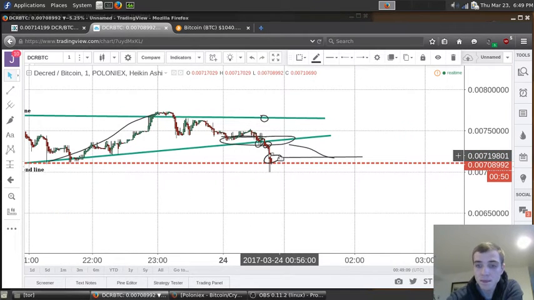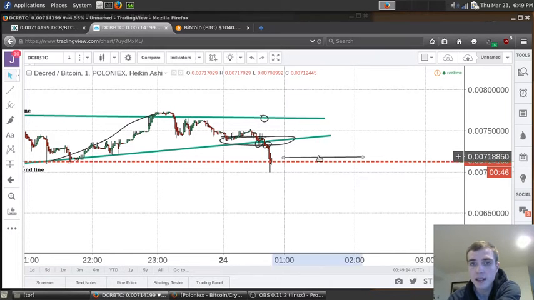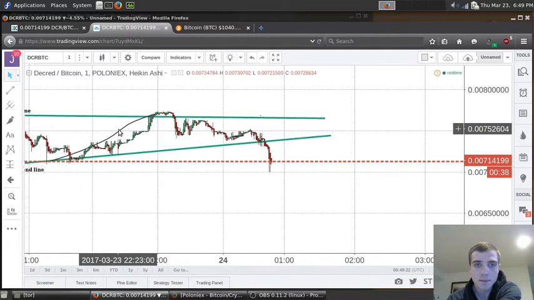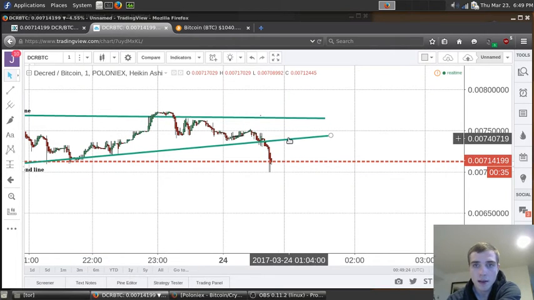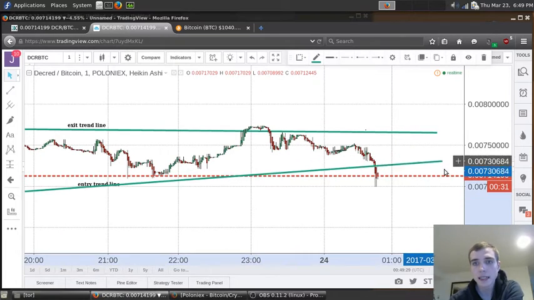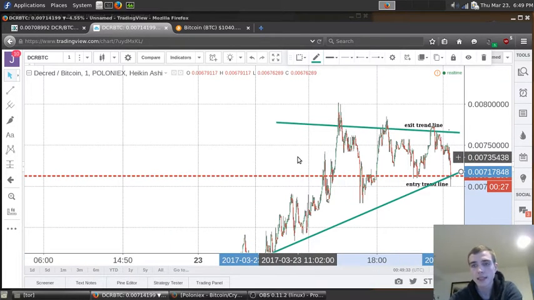So it's always good to test your theories, back test and then forward test, and try and come out on top in the end. Luckily this one I'm out on top overall in my profit. If I really wanted to get crazy, I could move my entry trend line and then go for less entries.